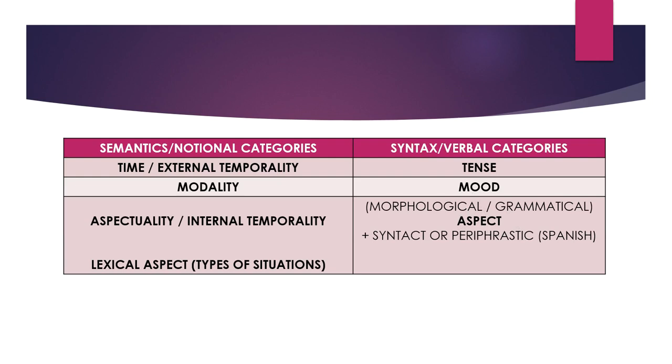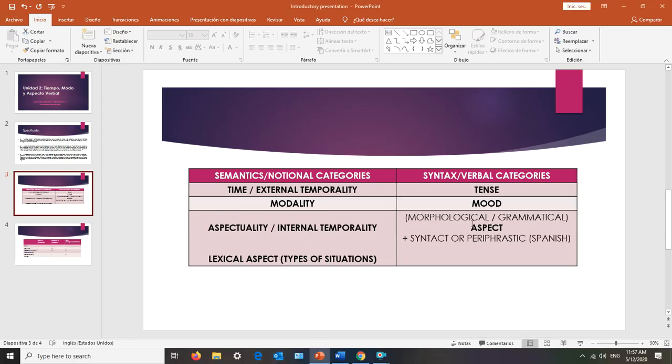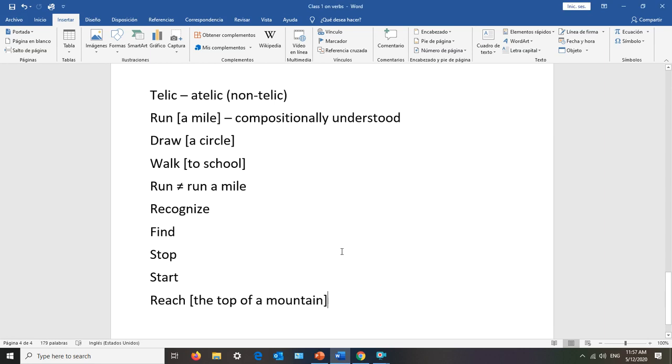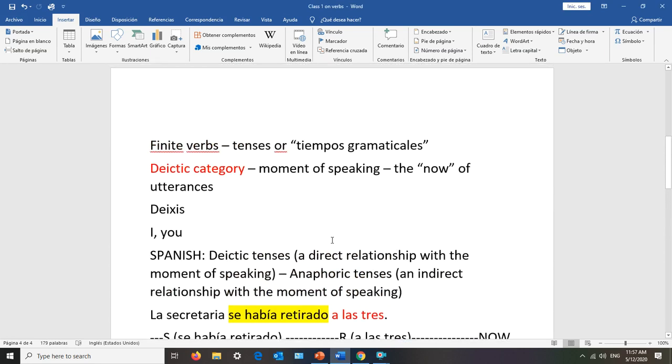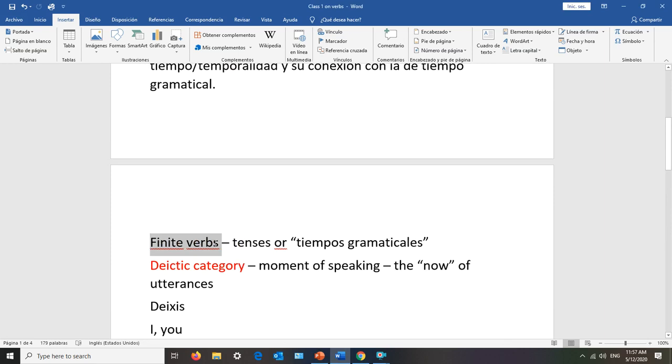So, aspect pertains to the representation of the internal temporal constituency of situations. So, aspect as a grammatical or syntactic category, as a category that is realized through verbs that are finite, as I have written here, finite verbs, right?